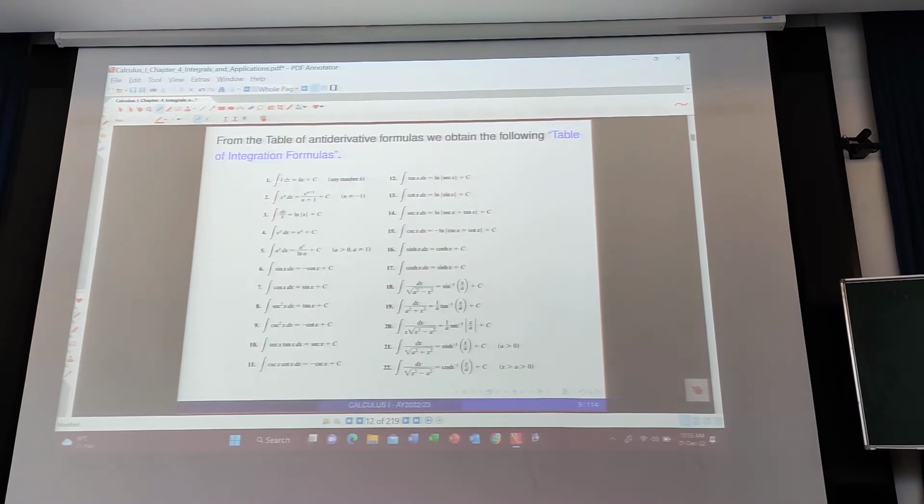So here, formulas for integration. You try to look at that to understand why we can have these formulas, especially the last 5. 1, 2, 3, 4, 5. Very important, and more important for calculus 2, for those who will be taking calculus 2, functions of several variables and differential equations next semester.